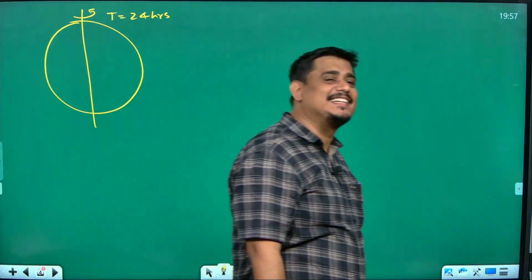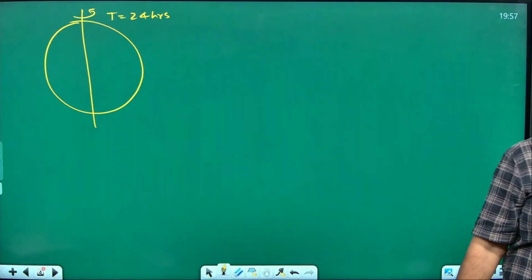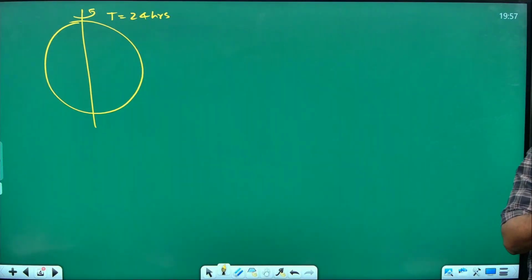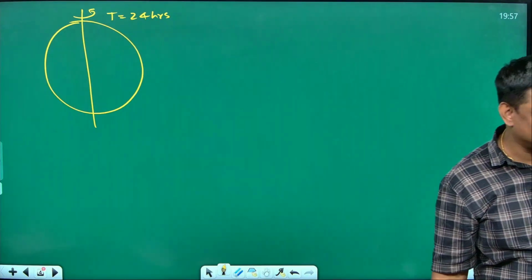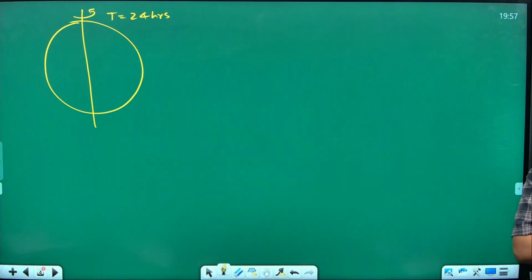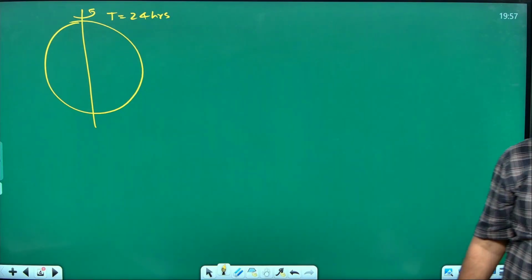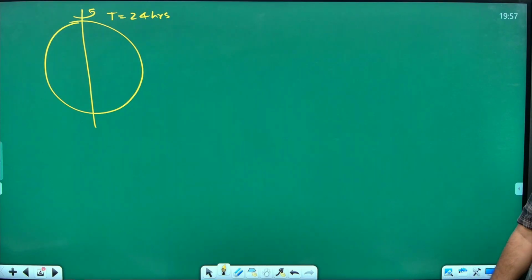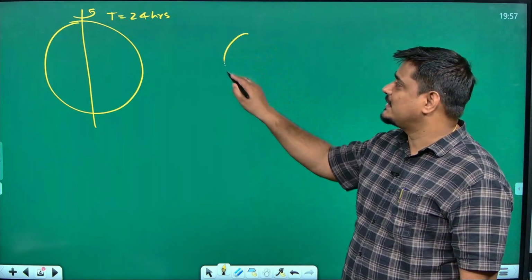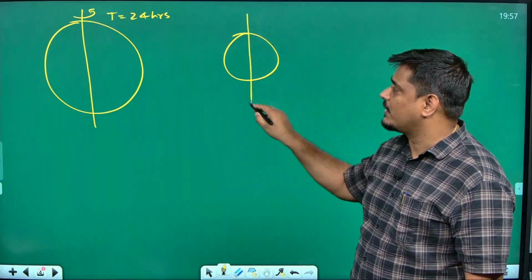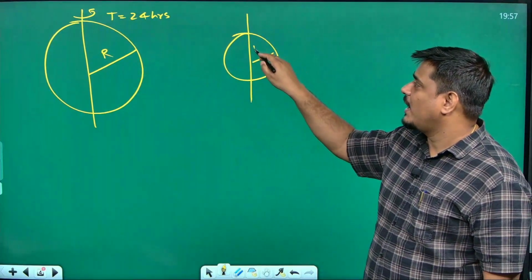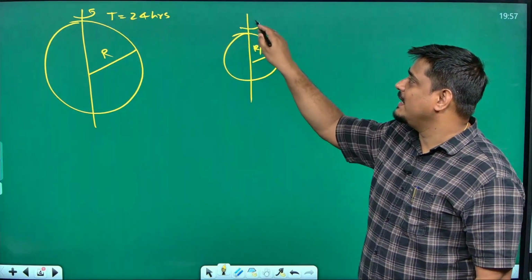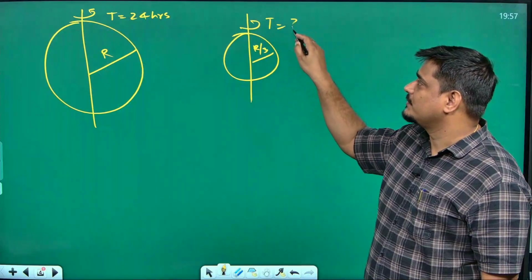Somebody asked last time, one day means 12 hours? In a watch it is 24 hours. Sir, 2.66 hours. Let us check. Now the question is, if the earth becomes smaller, the radius was r here, now the radius became R by 3. Then what is the new time period? That is the question.